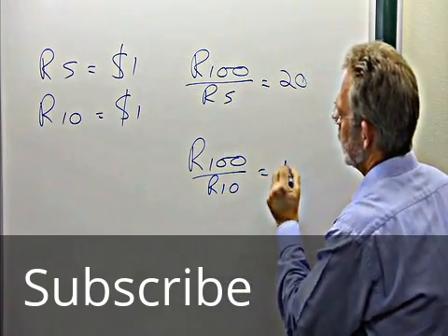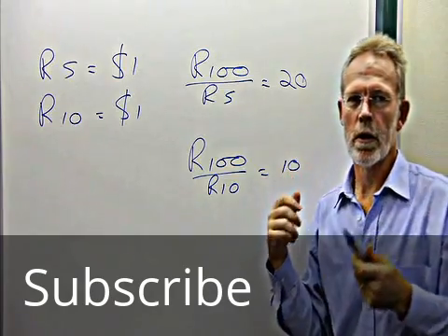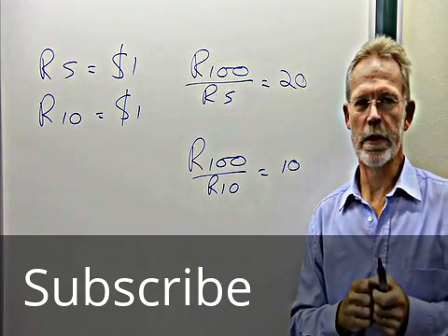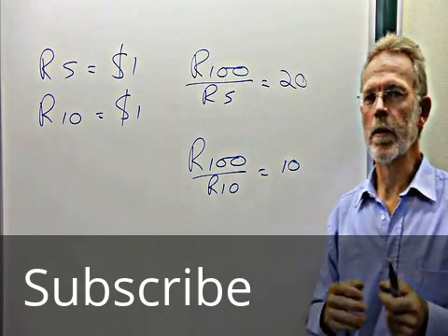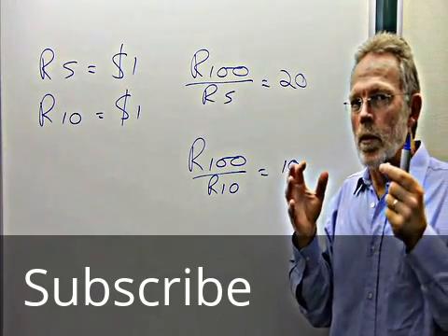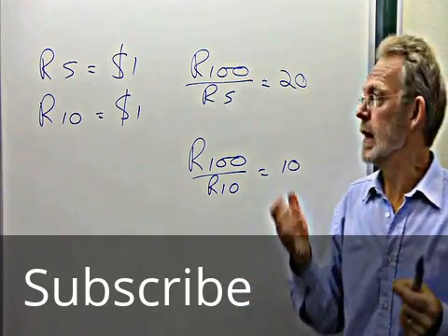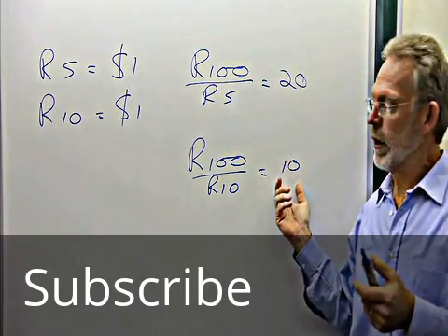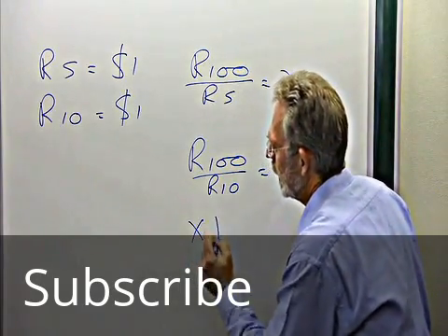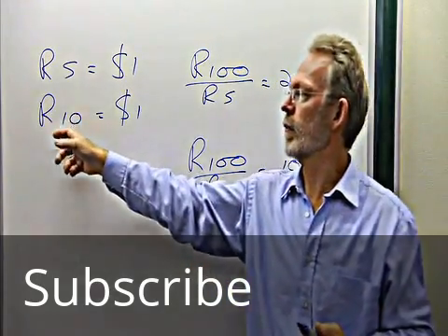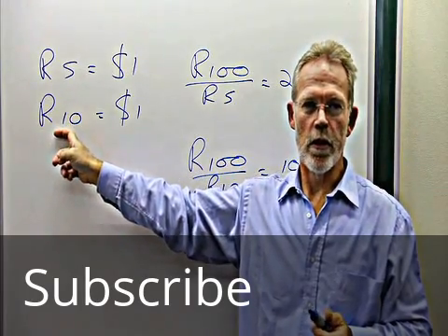So in dollar terms, this case of wine costs you only $10 now. So our exports, wine, the price in America has decreased. So we can expect that exports will increase on account of the depreciation of the rand.